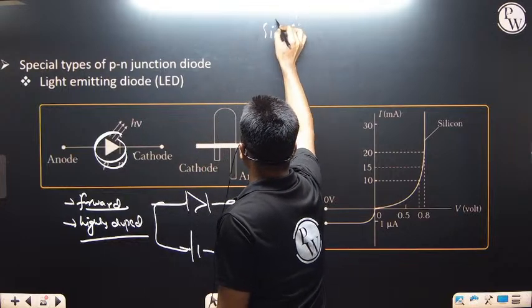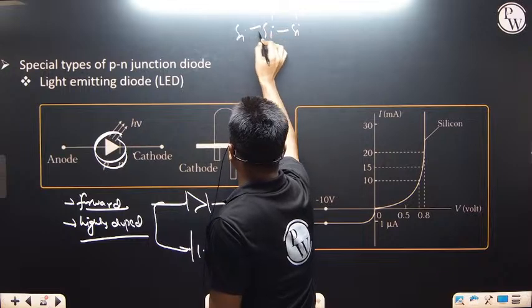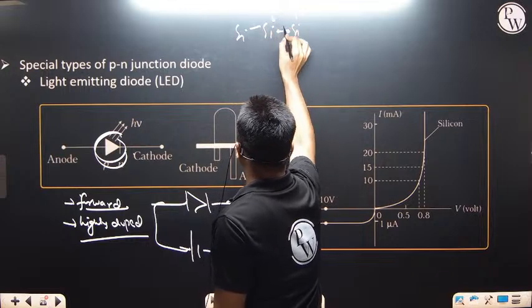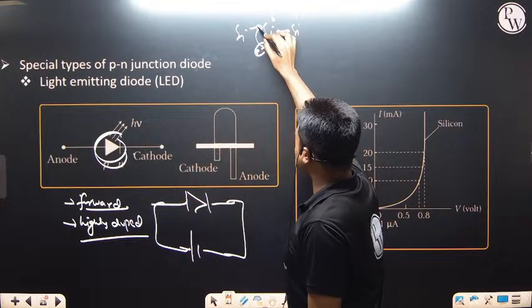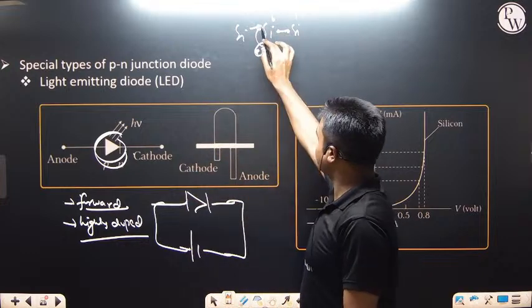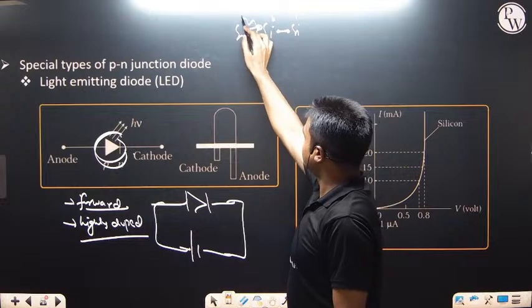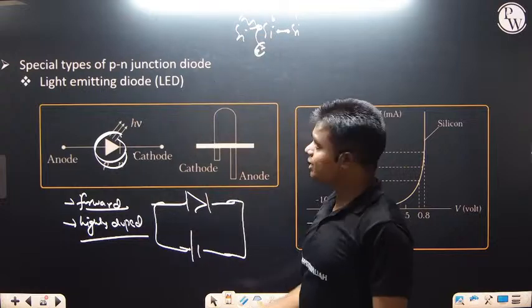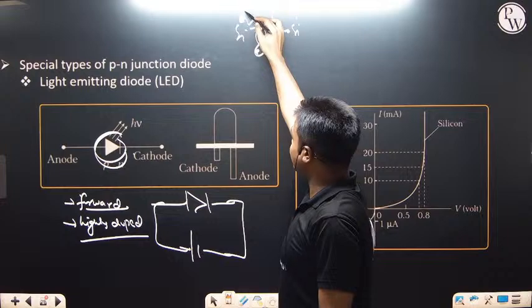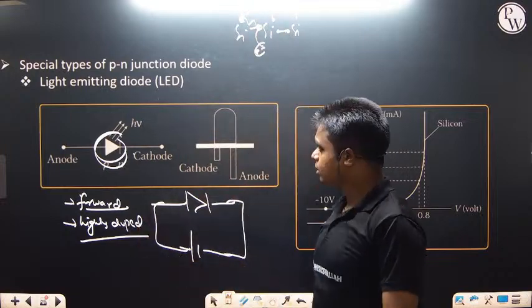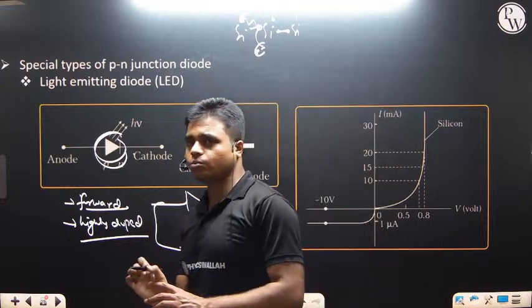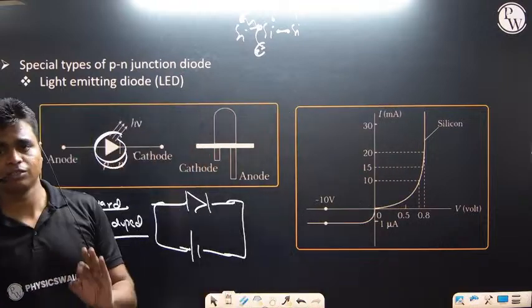If we talk about this, these will be silicon atoms, and these are the electrons, and somewhere there will be holes. This electron will get combined with this particular hole. This will be released in the form of energy, in the form of light. This light is what we define as the light coming from the LED. So depending on the types of the diode, we will be having different colors of the light.